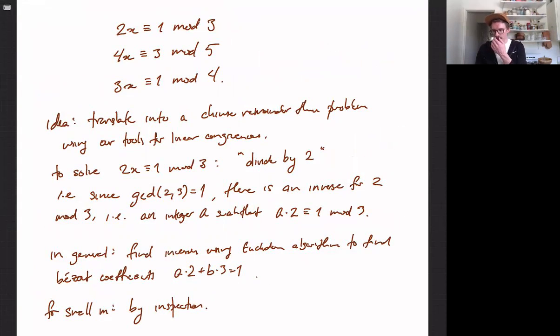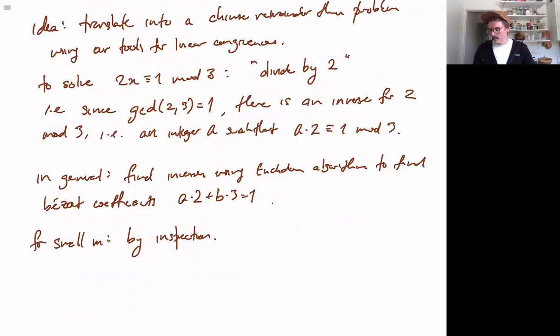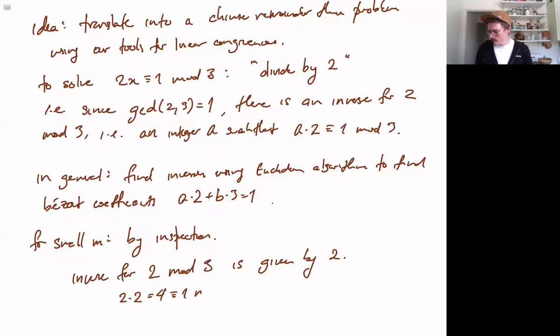There's even less than 3 things to check, because 0 is never going to be the inverse. So it's got to be 1 or 2, and you can pretty clearly see that it's going to be 2. So the inverse for 2 mod 3 is given by 2, because 2 times 2 is 4, which is congruent to 1.